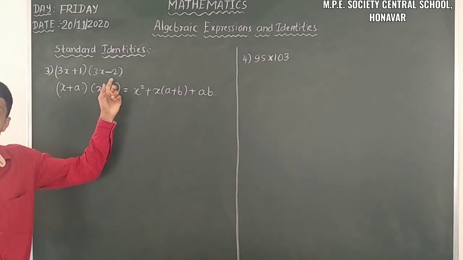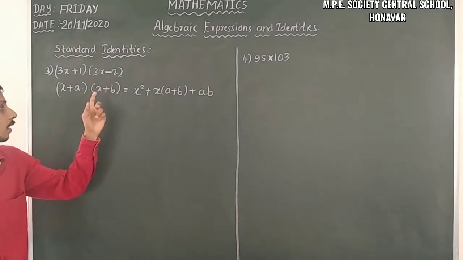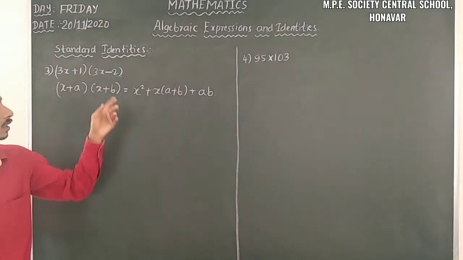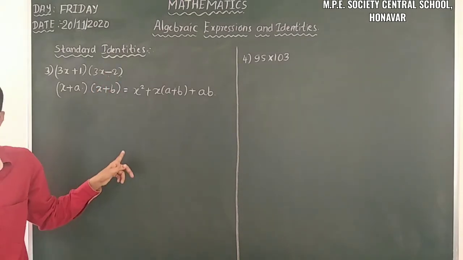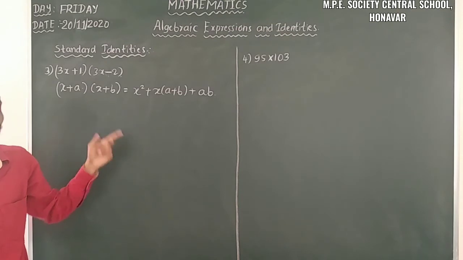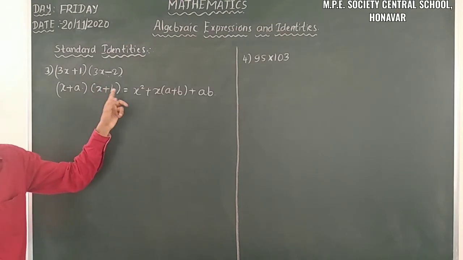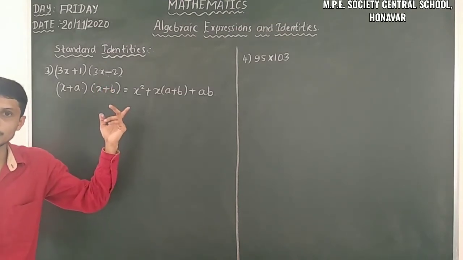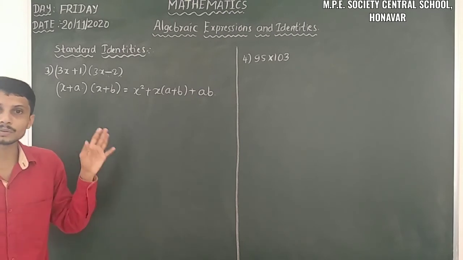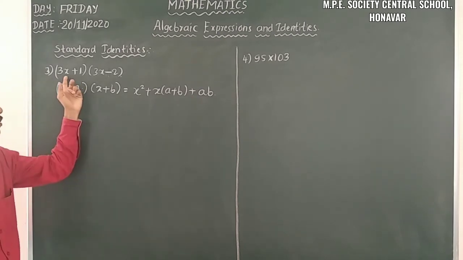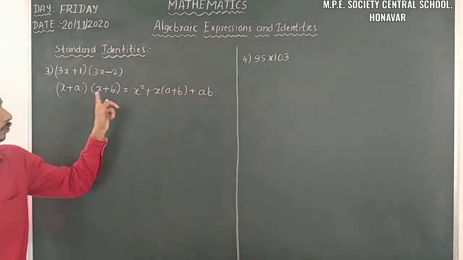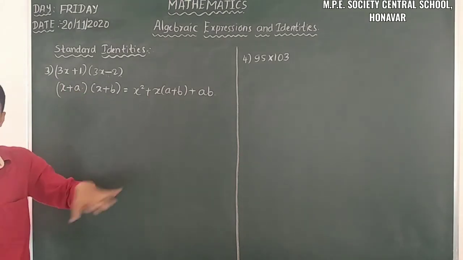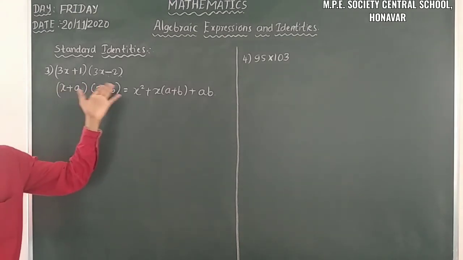If we have plus 2 here, then we have to take b is equal to plus 2. If it is minus 2, we have to take b is equal to minus 2. So when we substitute minus 2, plus into minus is minus only. So don't get confused at all. Whatever the situation, we have to take x plus a and x plus b here and use the same formula. So here we can take the same formula, no problem.